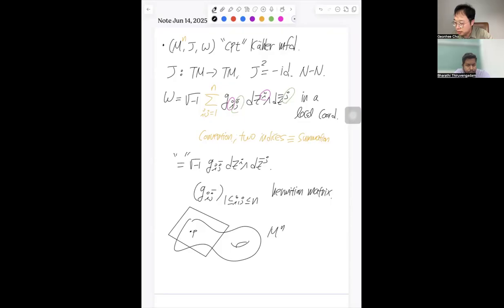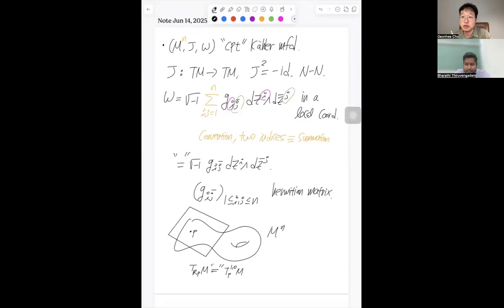But because of the complex manifold assumption, we are not interested in only the real tangent space. We identify this as a holomorphic tangent space.